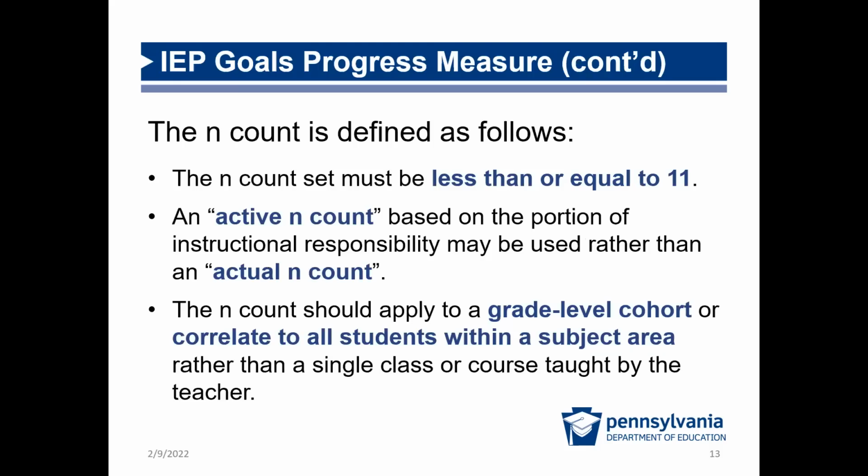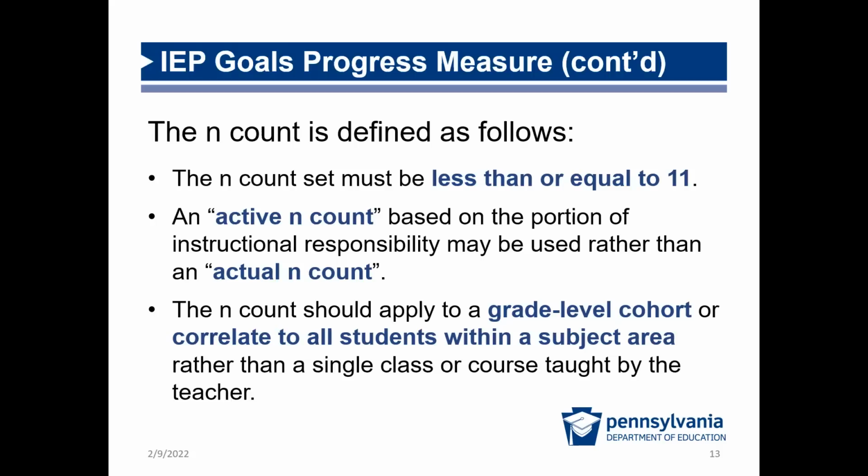Okay, what about that end count? This can get tricky, so I'm going to try to explain it slowly, and we can definitely go into more detail at another time. The end count must be set, and the law says the maximum is 11, but I'm finding that's confusing, so I reworded it to be must be set less than or equal to 11, whatever your end count is.